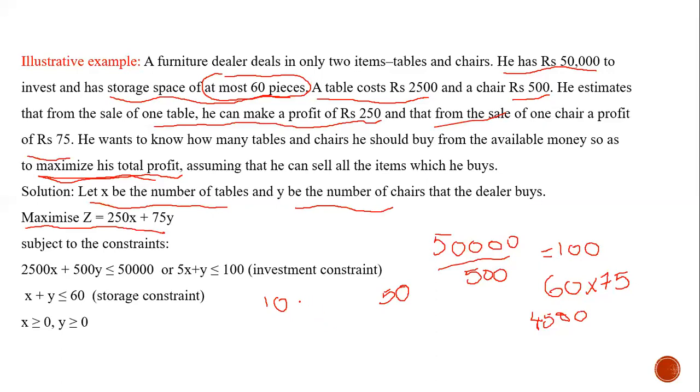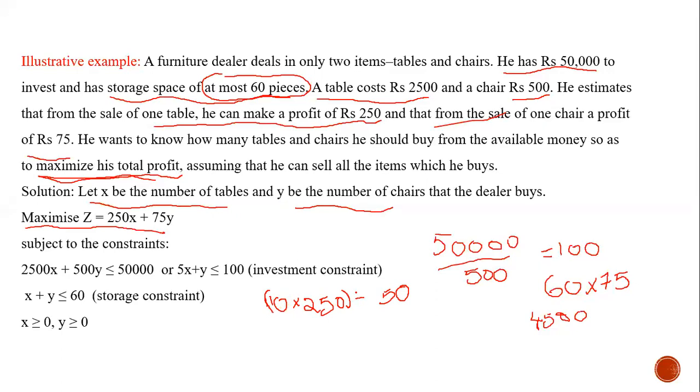So then what is the profit he will get? 10 into 250, because this satisfies the storage constraint, since he can invest on 60 pieces. So 10 tables and 50 chairs is totally 60. Therefore, what we have thought satisfies the storage constraint.